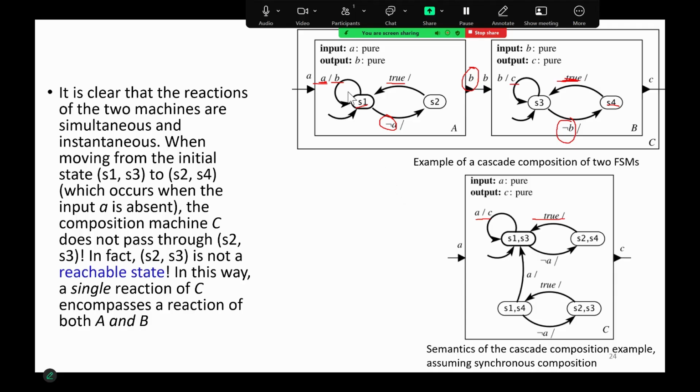And then if I am at S1, S4 and I got not A, S1 will go to S2, not A, and B will not fire. B will not fire, it's still true. True means it's activated upon all cases.